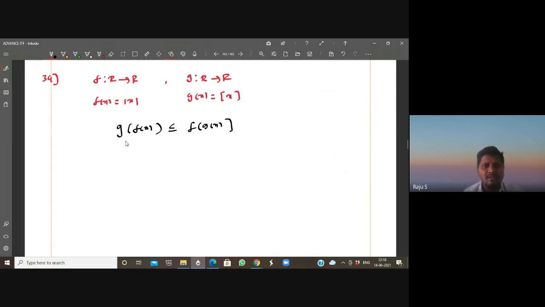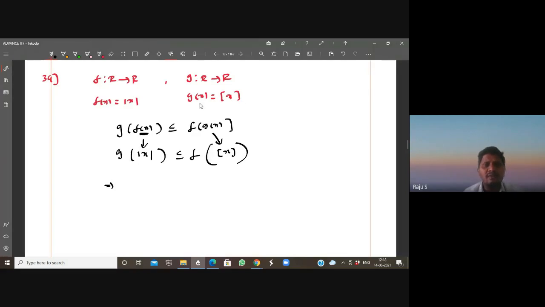All of you find these values first. Now I want to substitute here. What is f of x, student? The f of x value is modulus x. It is lesser than or equal to f of g of x. What is that, student? g of x is the greatest integer function. For g of f of x, I substituted the f of x value here. For f of g of x, I substituted g of x here.